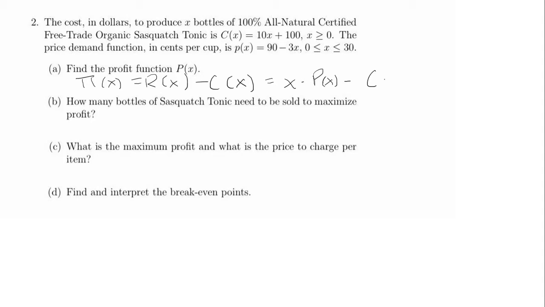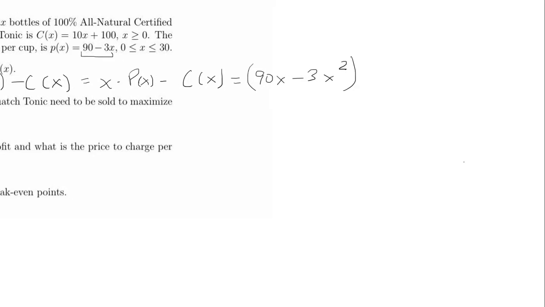Okay, so now we can just plug in what we have. We're going to multiply p(x), so 90 - 3x, by x, which will be 90x - 3x squared. And then we're going to subtract C(x), so C(x) is 10x + 100.